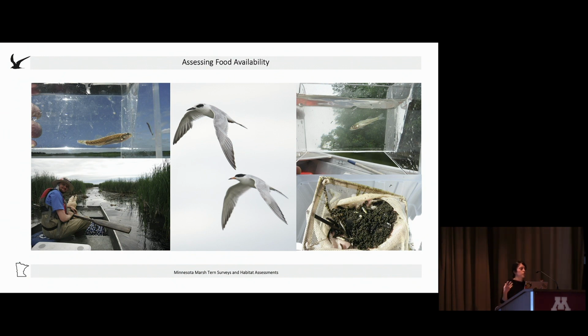Then hopefully after 2 years, even if our sample size is still relatively low, there may be something interesting or something really obvious about differences between these sites that we could hone in on and make as a proposal for a future study.